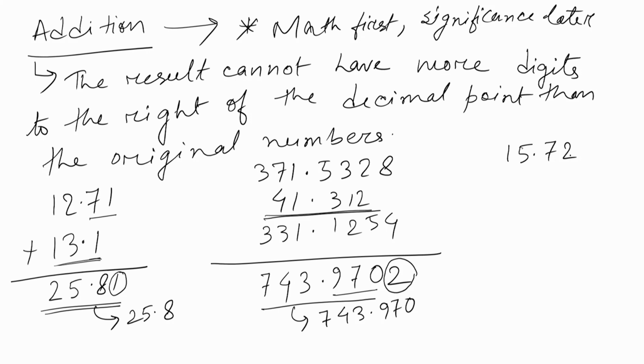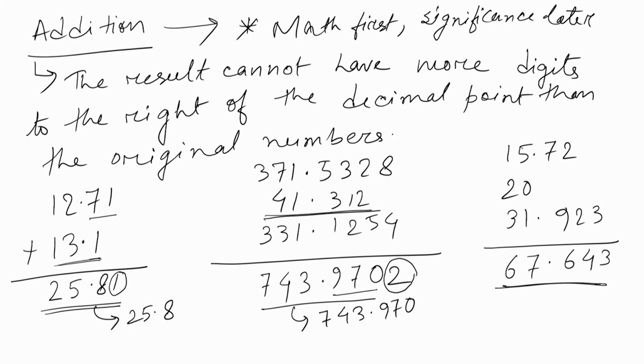15.72 plus 20 plus 31.923. Let's add. This is the answer. Now, see, 20 has no digits after a decimal point. Okay.